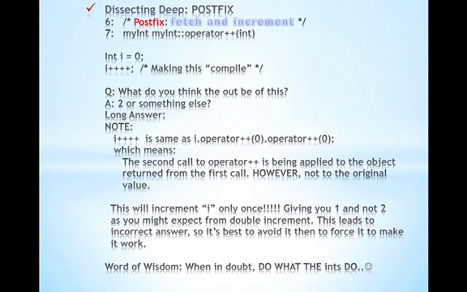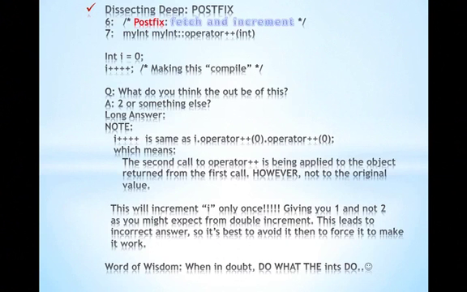So it's going to call the plus plus operator with the 0 passed in, and then it's going to chain it because that's what you asked it to do, and call operator plus plus again, passing in 0 because it's postfix. What that basically comes out to is the second call is actually being applied to the temporary object that gets returned by the first call.